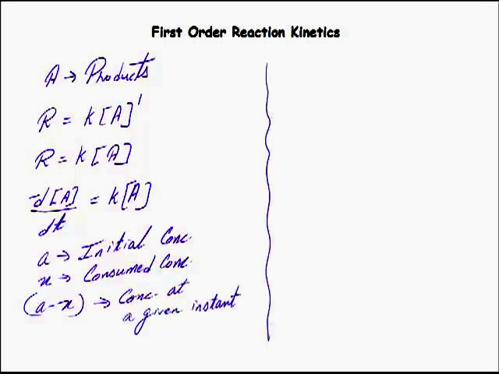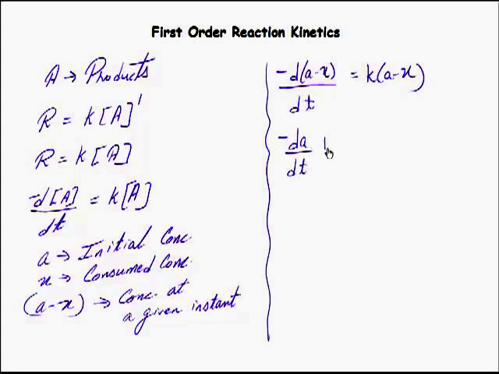In that case, we can modify this rate law expression as minus d(a minus x) upon dt is equal to K into (a minus x). We can always apply laws of differentiation and simplify our equation.